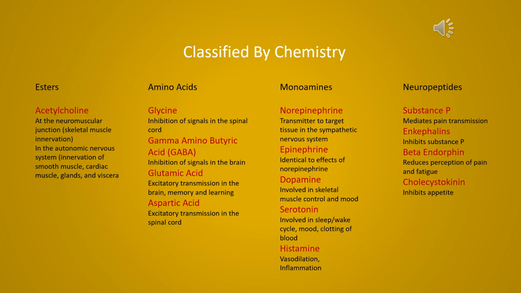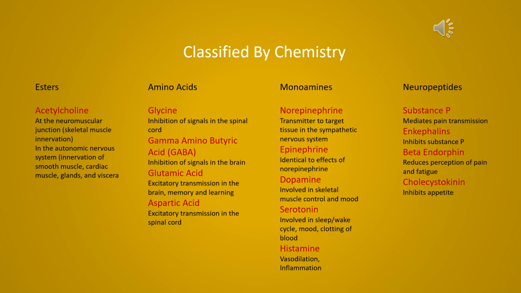Glutamic acid is the most commonly used amino acid neurotransmitter in the brain. It does create an excitatory effect, so it is an excitatory postsynaptic potential created by the opening of sodium channels. So glutamic acid is very much involved in such brain functions as memory and learning.